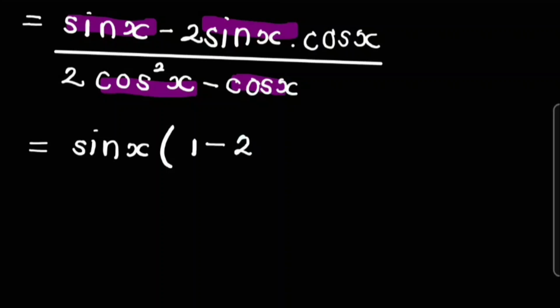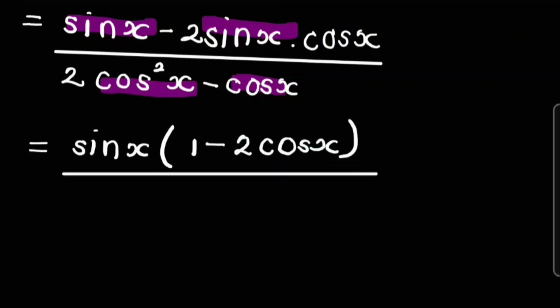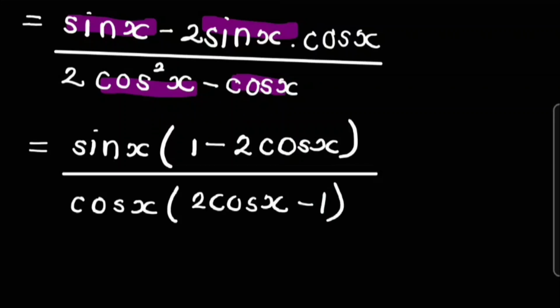From the second term, we have minus 2 cos x. Now, moving on to the denominator, cos x is common, so let's take that out. In the first term, you are left with 2 cos x. Reason being is because it was actually cos squared x, right? So we just pulled out 1 of it. In your second term, you're left with minus 1.